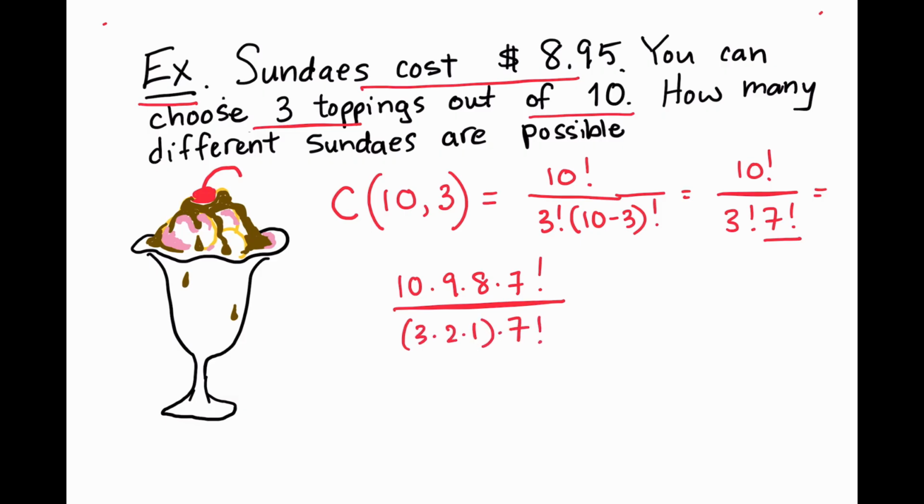So I can cancel the 7 factorials, and then I can cancel 3 here and a 2 here. That leaves me with 10 times 3 times 4, which is 120. So there are 120 different possible sundaes, or combinations of 3 toppings, if we have 10 to choose from.